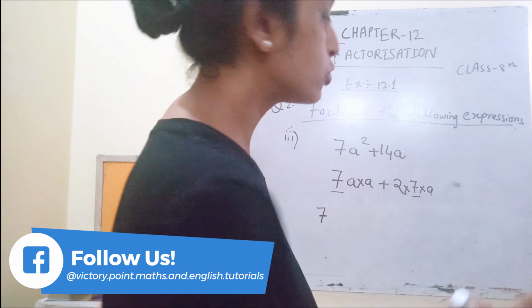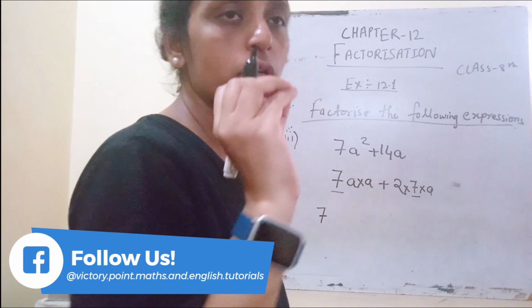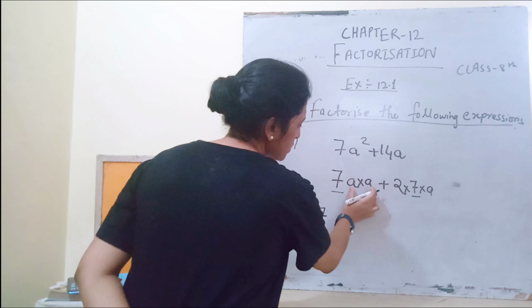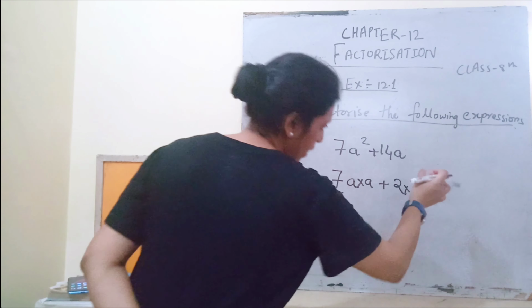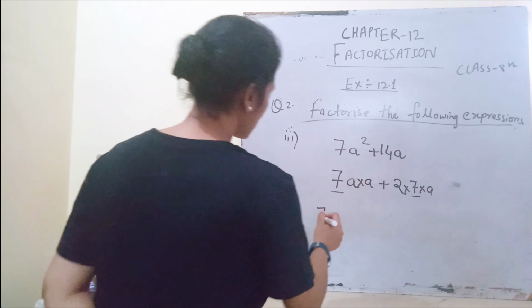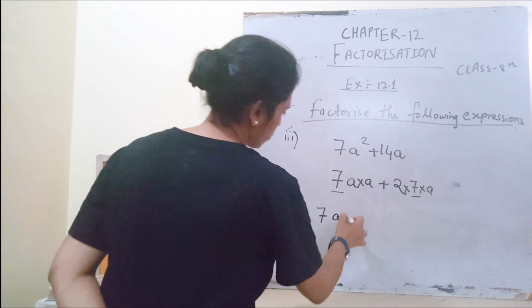Common factor means what is present in both the terms. Now here there are 2 a's, and in the second term we have 1 a. So at least 1 a can be taken as common. So I will write a as one of the common factors also.